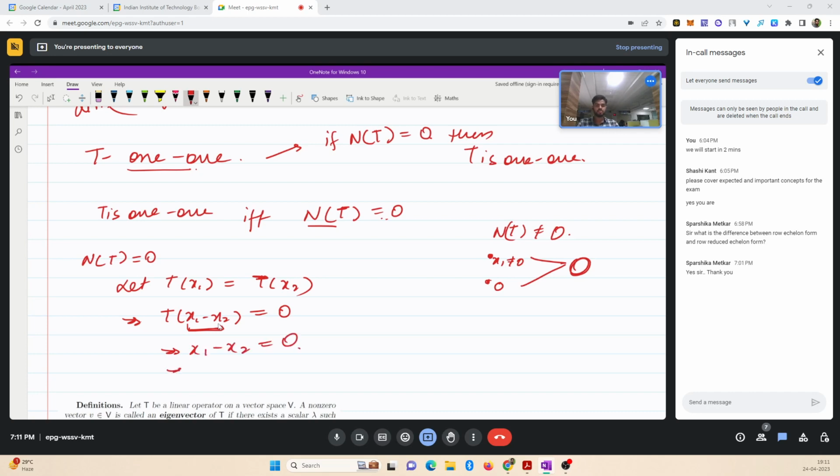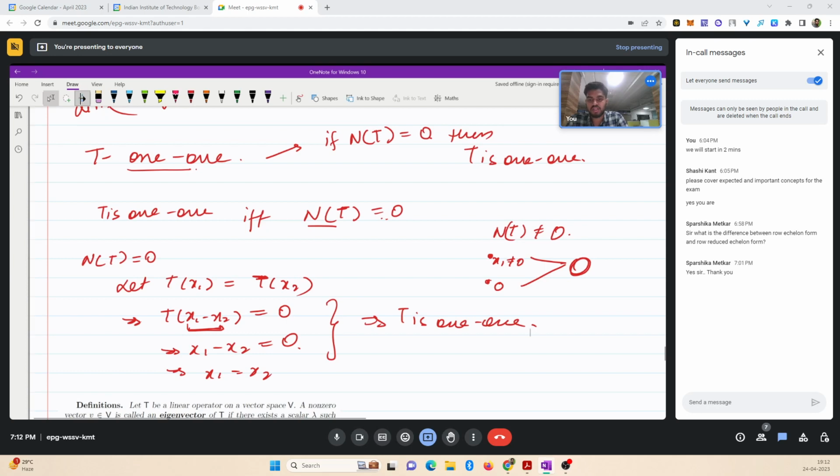So this means x1 is x2, which implies that T is 1-1. This was another important property that I think can be useful.